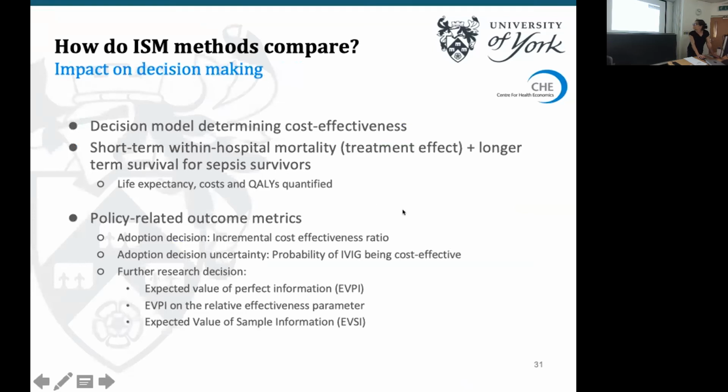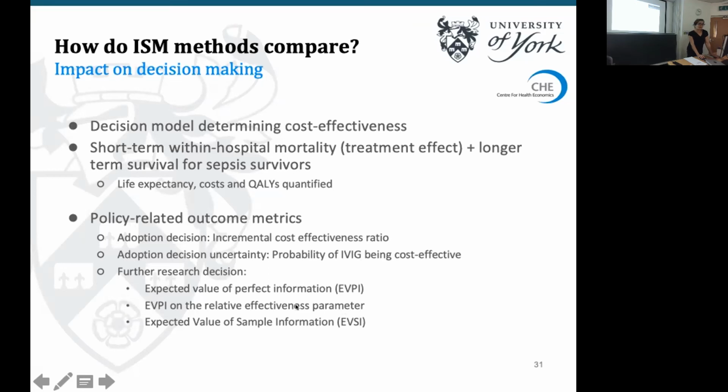So we've also looked at the impact on decision making. So I'm just taking note of the time. In the original project, actually, there was a decision model quantifying costs and qualities and value of information metrics, which quantify the expected consequences of an incorrect decision, which give you a measure of the value of further research.